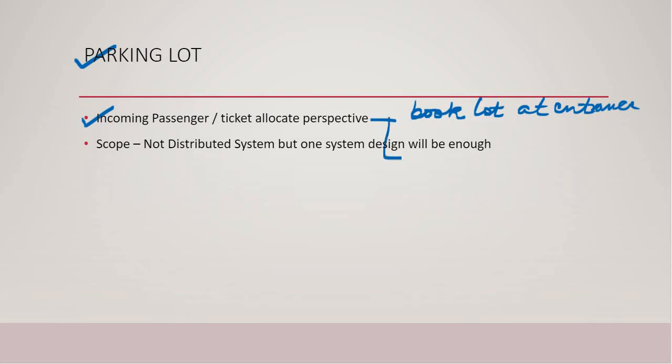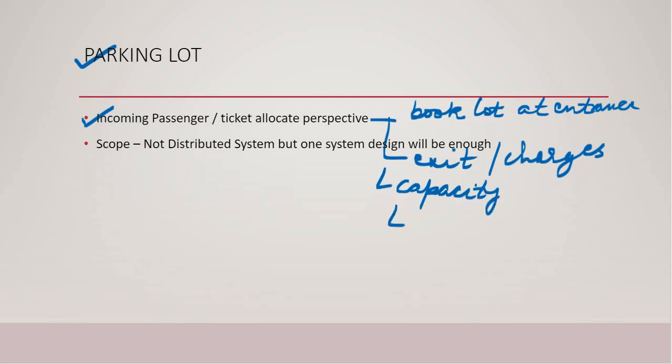When you are exiting, you should be able to pay the charges. So what kind of charges do we have, hourly charges and all. Then what should be the capacity. Then there should be some monitoring, and a few other things we can add to the list of requirements, right?